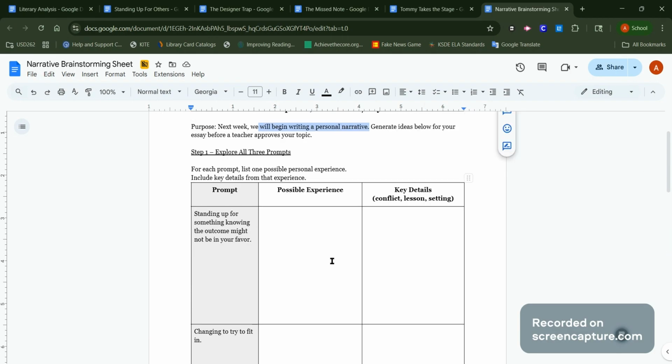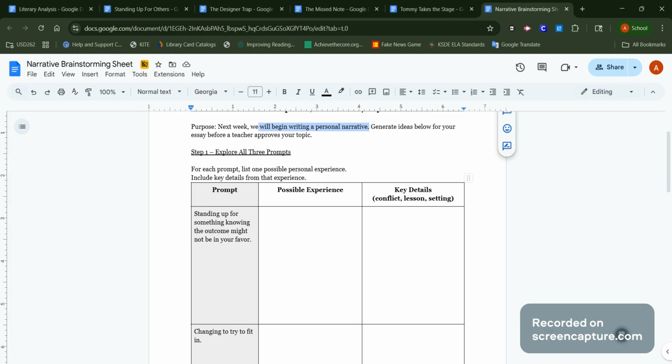For each prompt, I want you to think about one possible personal experience, something that you have gone through, something that you remember. This could be from high school, middle school, or elementary school. It could be something that happened at another school or on a sports team or at church.